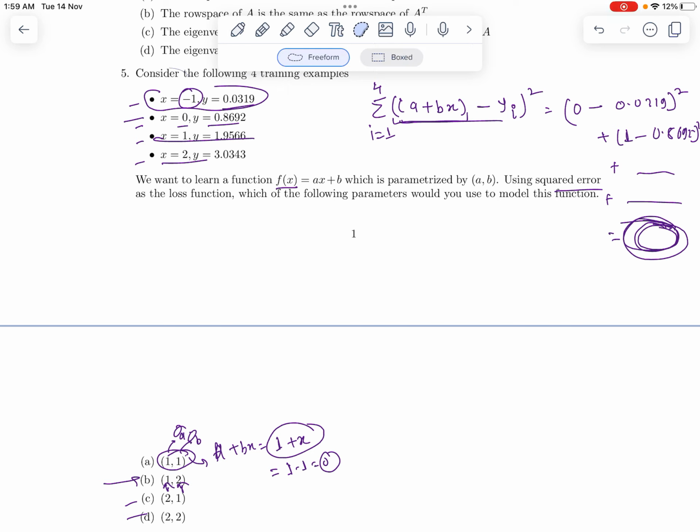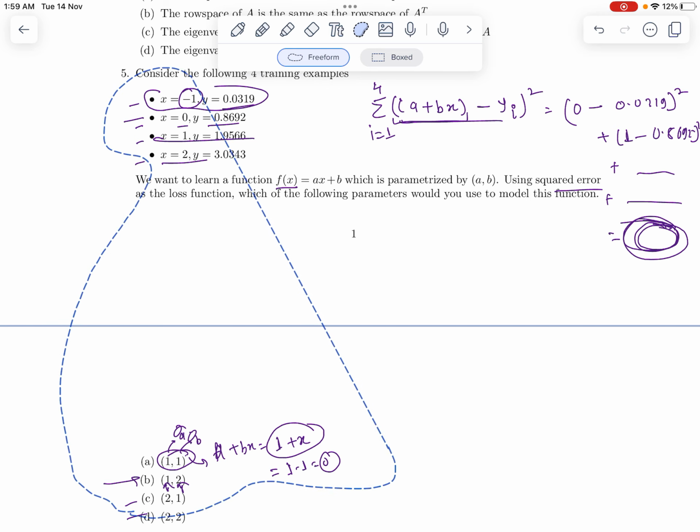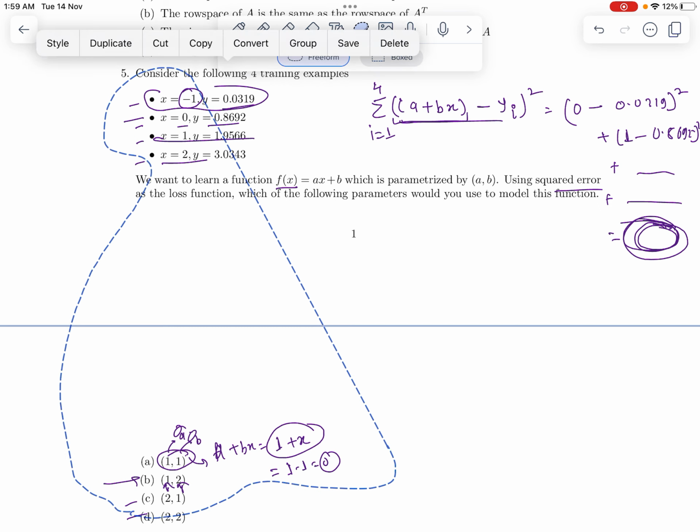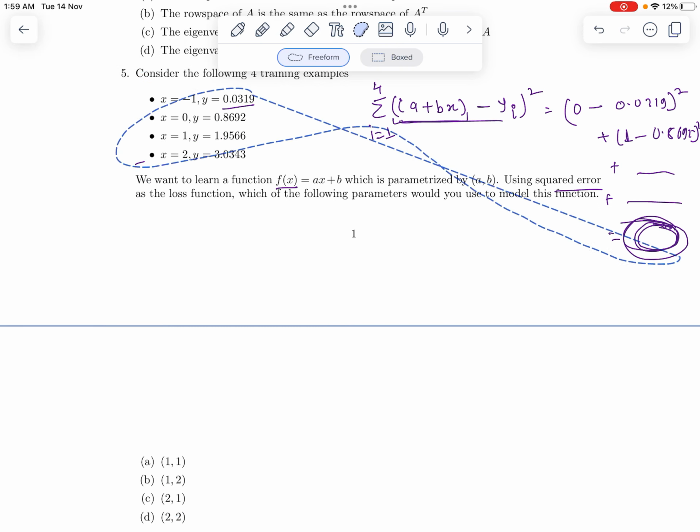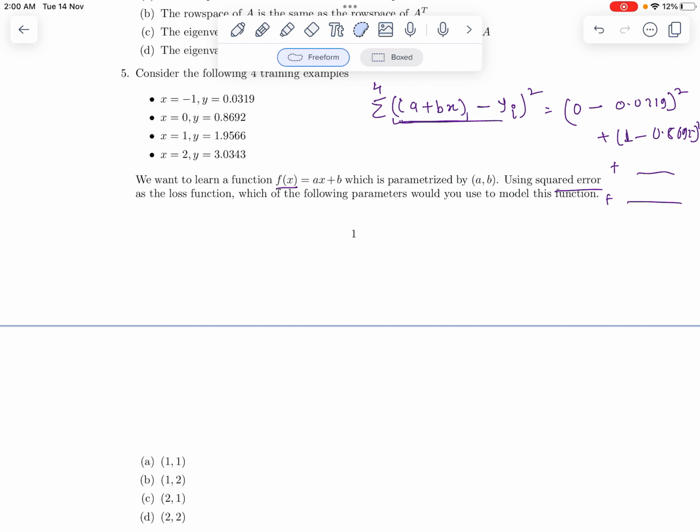I am not going to approach it via this method. What I will do is go through the normal equation in matrix form. Maybe that will fetch the answer quickly. So let's try that method.